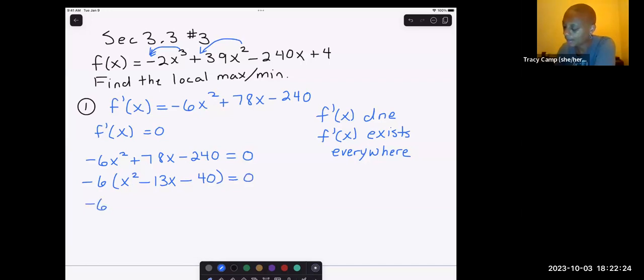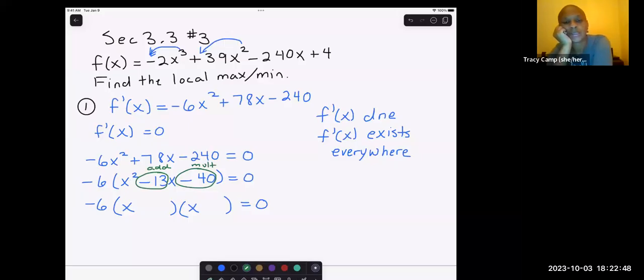And then it looks like I can factor this. I have to find two numbers that I can multiply to get negative 40 and add to get negative 13.